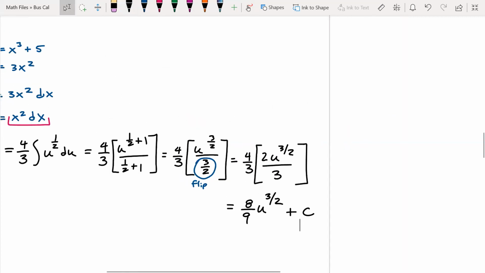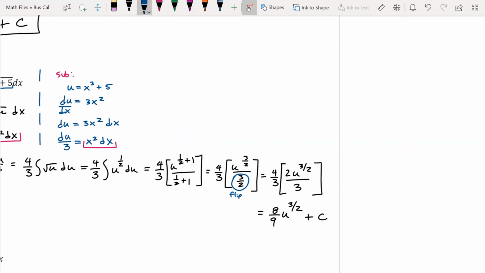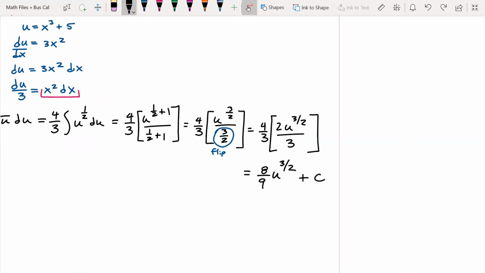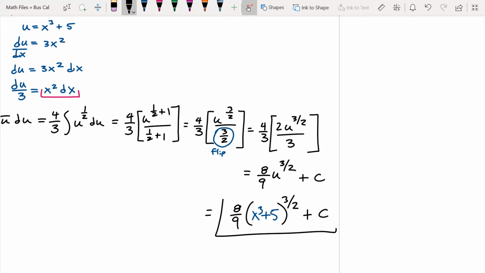But we're almost done because we now have to replace the u that we made in the very beginning. So our final answer is going to be 8/9 times x cubed plus 5 to the 3/2 plus c. There we go.